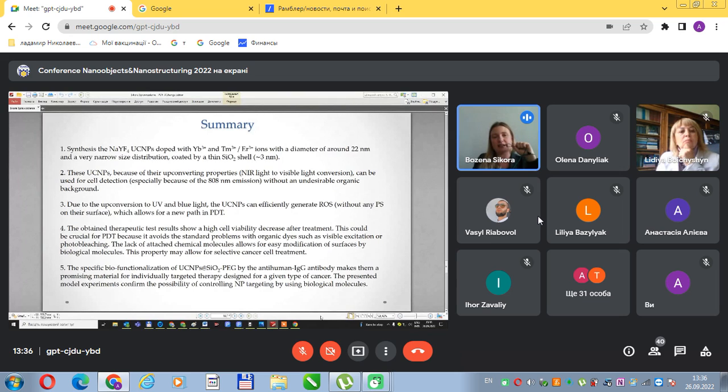And we obtained nanoparticles for the targeted therapy. And thank you for your attention.